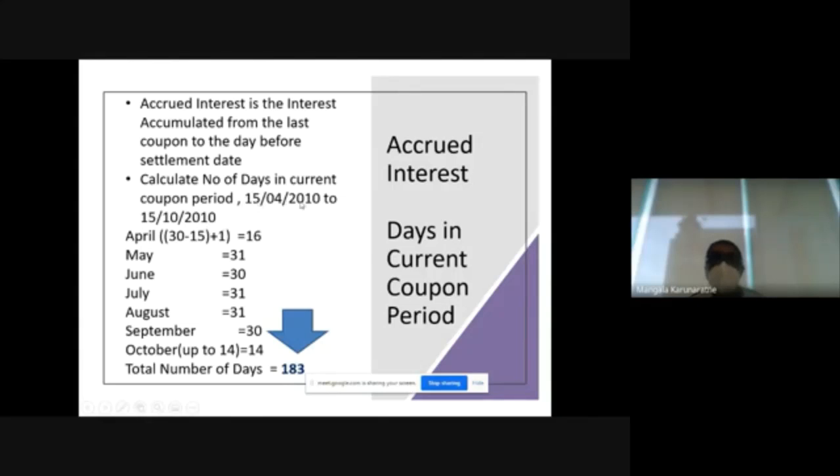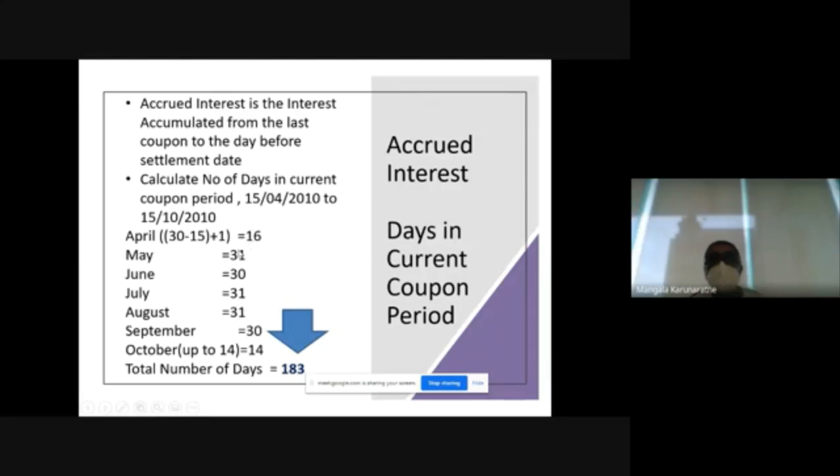From 15th to 30th, inclusive of the 15th, you get 16 days. So I have given the calculation 30 minus 15 plus 1: 16 days in April.